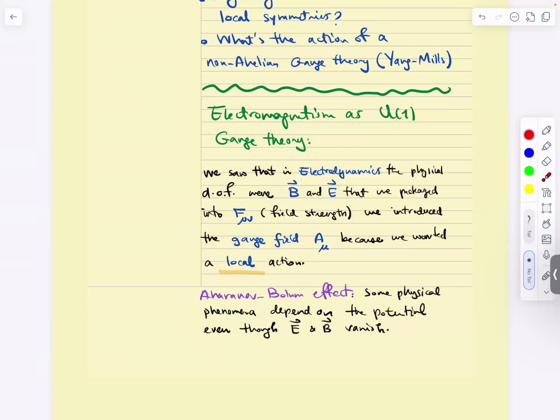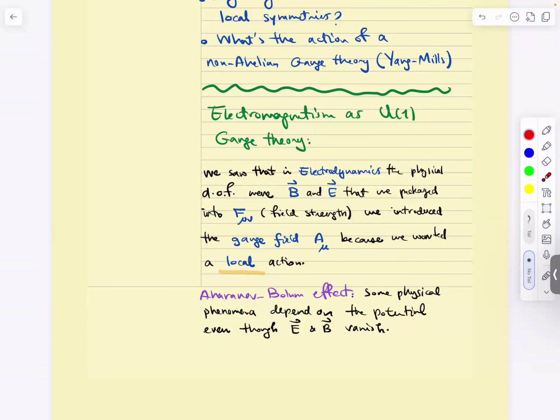Now, why were we struggling to write a local action? This is the thing that I'll explain. Because these theories, gauge theories, electromagnetism included, have some genuine non-local degrees of freedom. Not every theory. I started by saying that in all theories there are local degrees of freedom. These theories have non-local degrees of freedom.